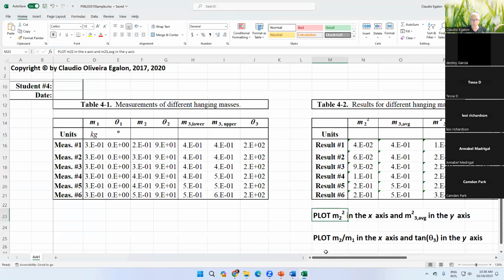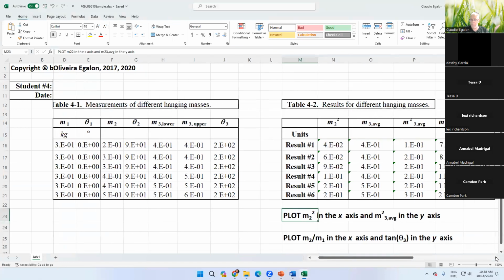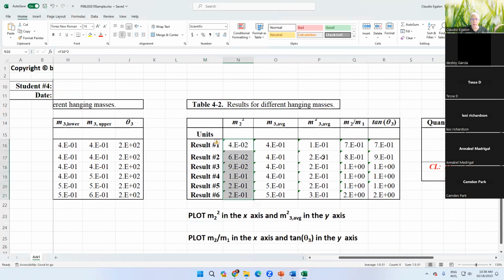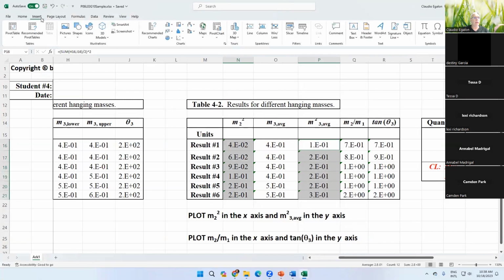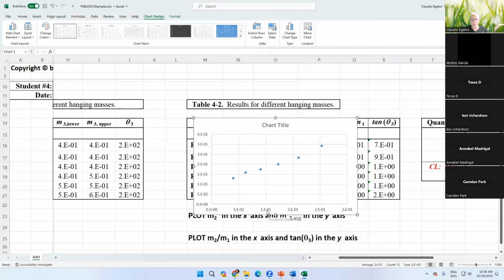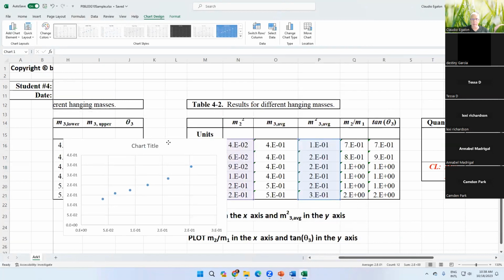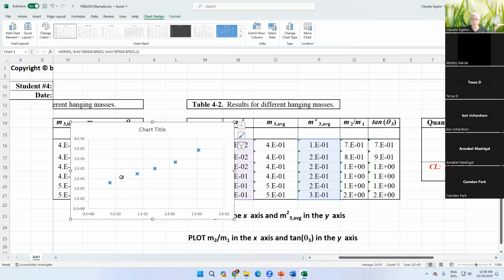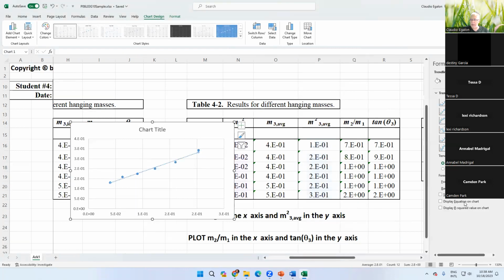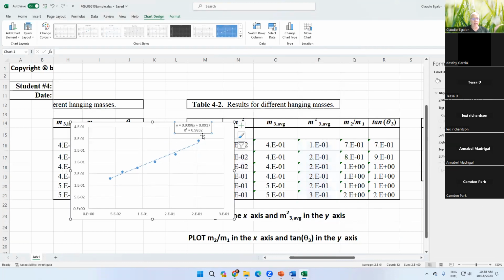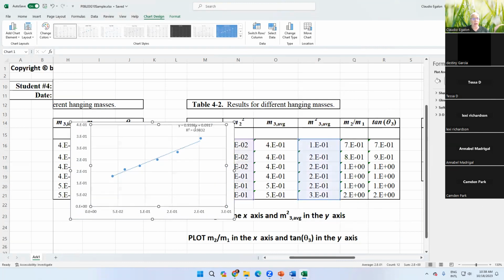Let's do that together. Insert chart. Looks like a straight line. Let's get the trend line, display equation. Remember, these are actual experimental, real-life data points. I didn't change anything. The slope is very close to 1, and the intercept should be very close to M1 squared.